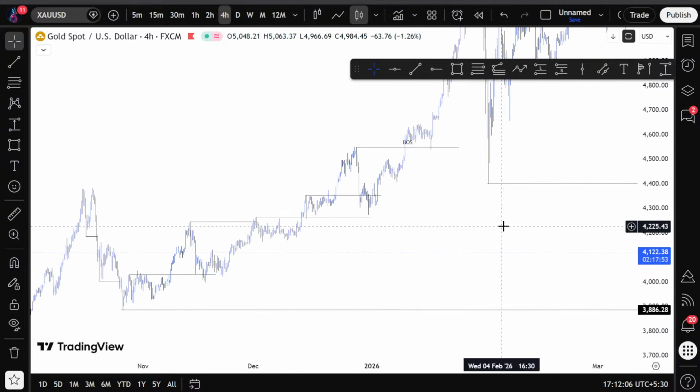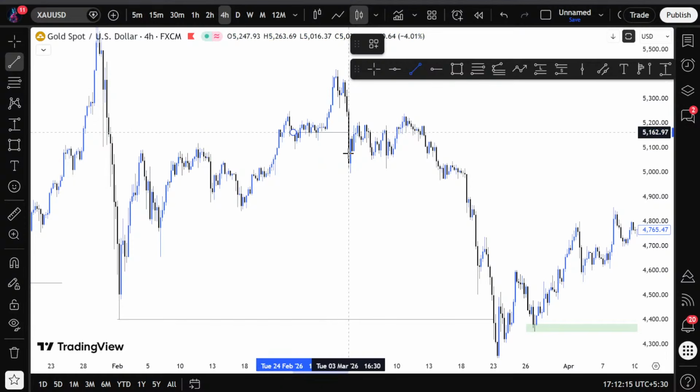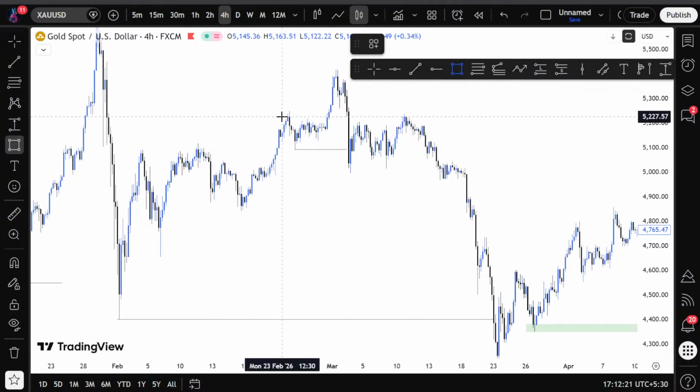So if you want to short, the same thing applies. Here, low break, on the retest, you short.